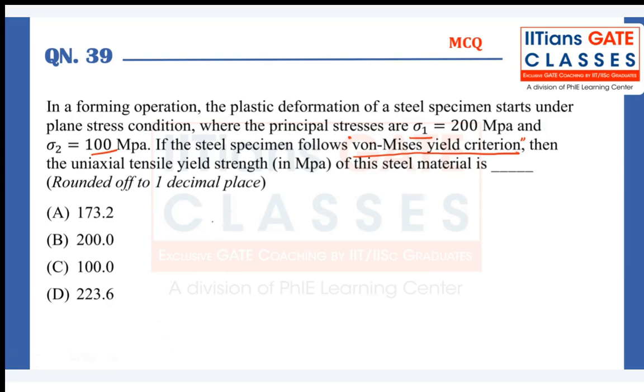According to the von Mises yield criterion, the yield stress is the tensile yield strength.